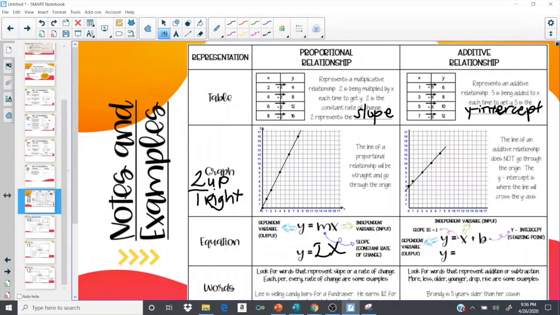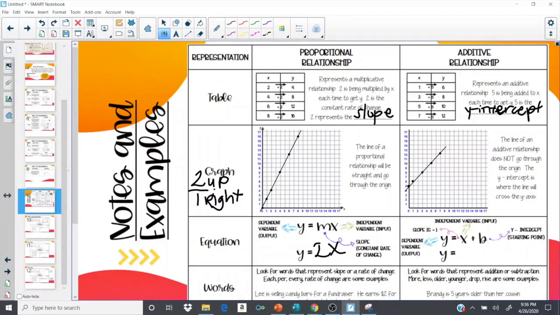Okay, the equation of an additive relationship is y is equal to x plus b. B represents your y-intercept. That is your starting point. X is still your independent variable or your input, and y is still your dependent variable or your output. But when we use the formula y is equal to x plus b, there is no number beside the x. That means your slope is equal to 1.